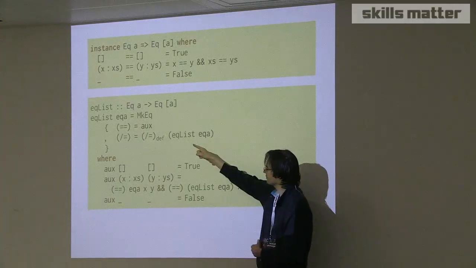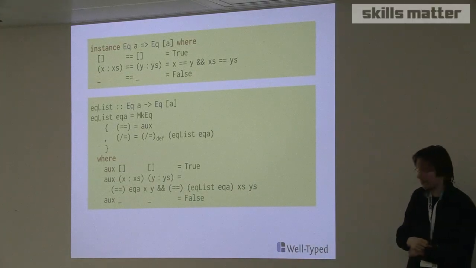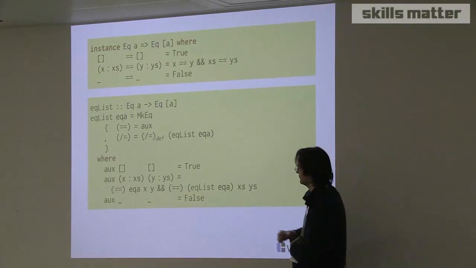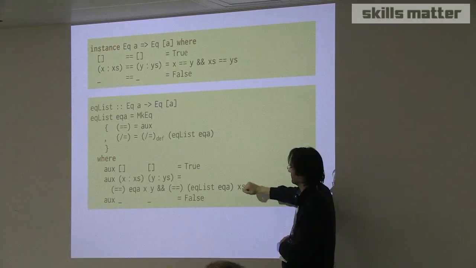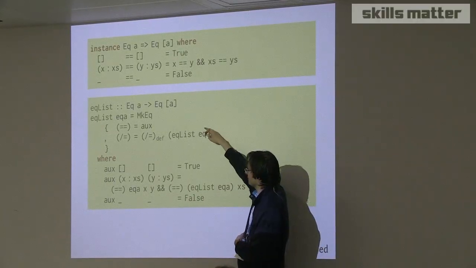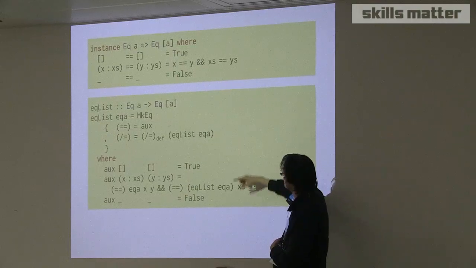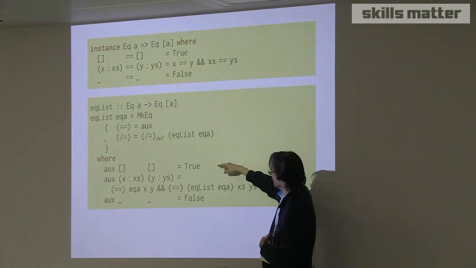It gets the dictionary for EQA as an argument. And then, I mean, it's not necessary. I could have inlined this here somehow, but it would have become very ugly. So equals is defined essentially as the definition above in three cases.